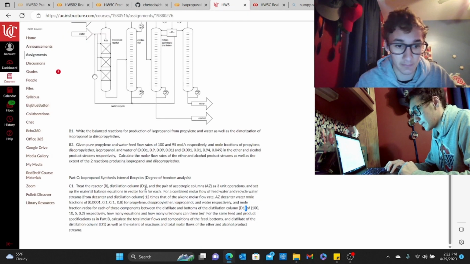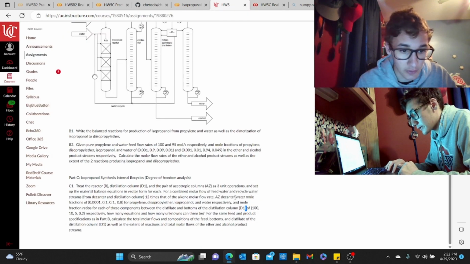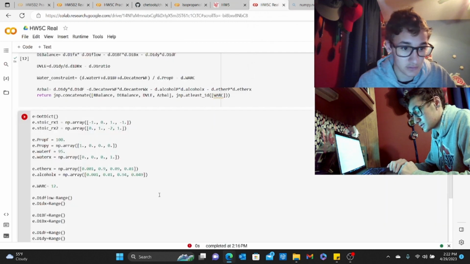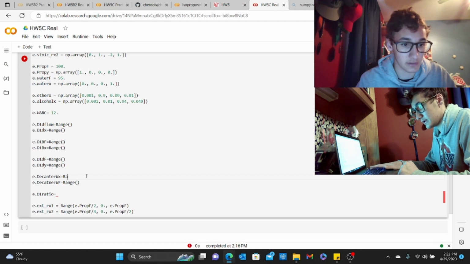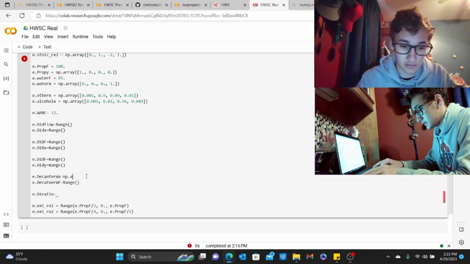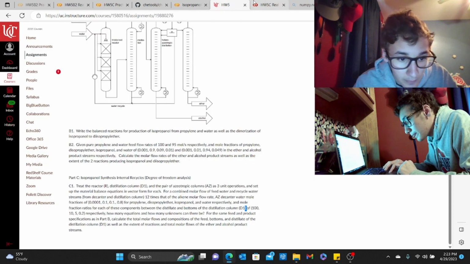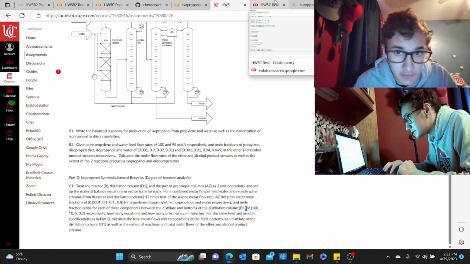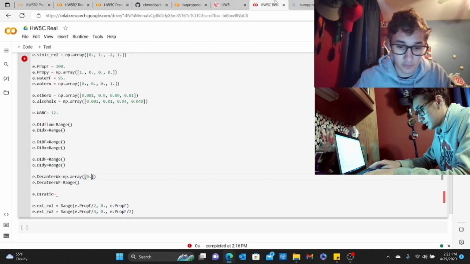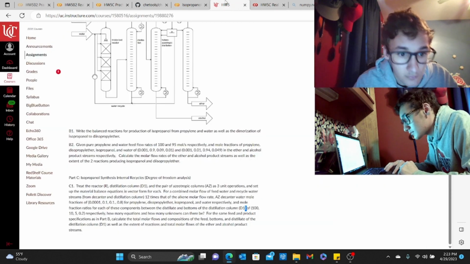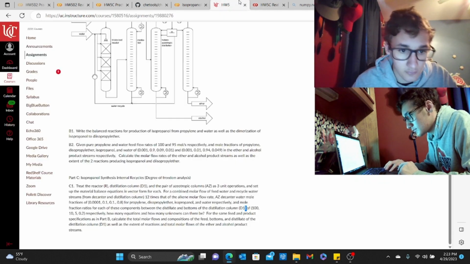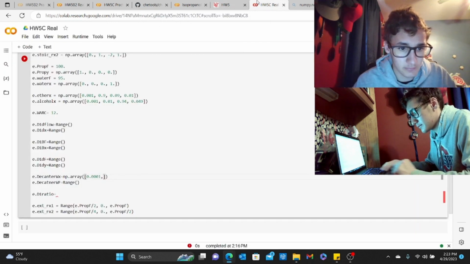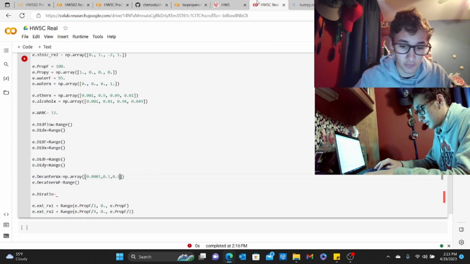So let's see, what are we given? So we are given that the decanter water mole ratio, so decanter ratio, Wx, is going to be np.array of 0.001, 0.001, 0.1, 0.1, and then 0.8.